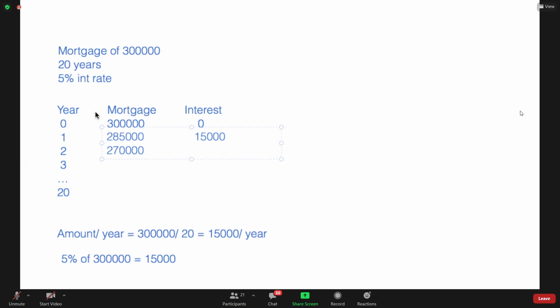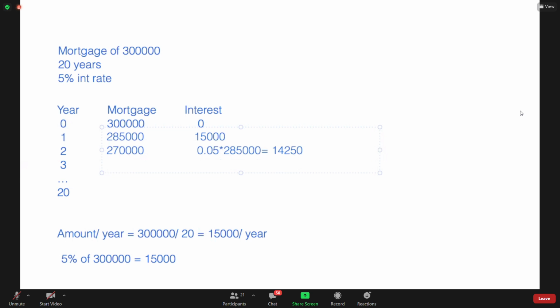So what I will pay 5% of will be the amount of mortgage from year 1. So it will be 0.05 multiplied by 285,000, which will be 14,250 euros. That's how much money I will pay in interest in the second year.